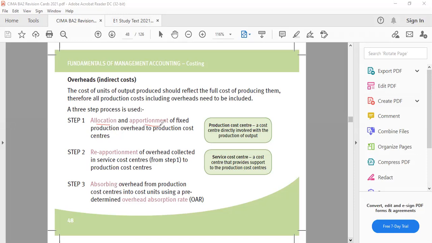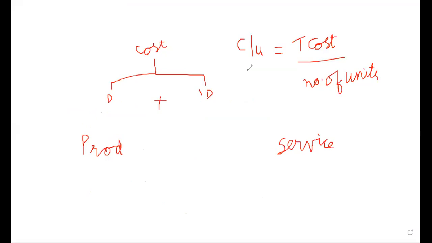Step number two is, since costs are incurred by the service departments also. See, the objective is to calculate cost per unit. But now costs are scattered across production departments and service departments. So the service department also would have incurred some costs. Let's say there are three production departments, one, two, three, and two service departments, for example.